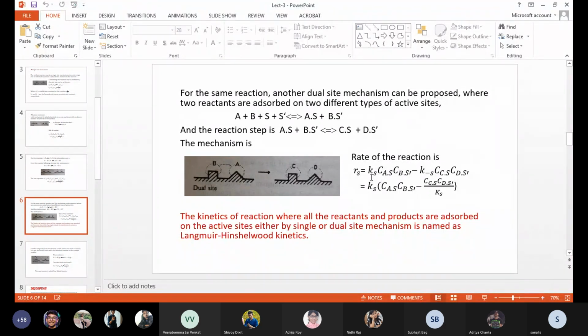If you take out the small ks, the forward reaction rate constant, it gives us the expression shown here.